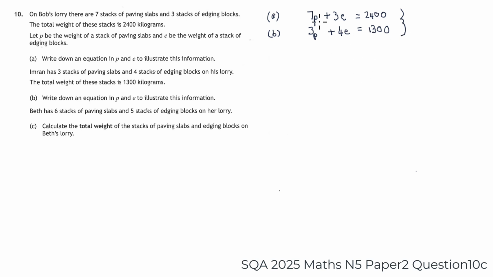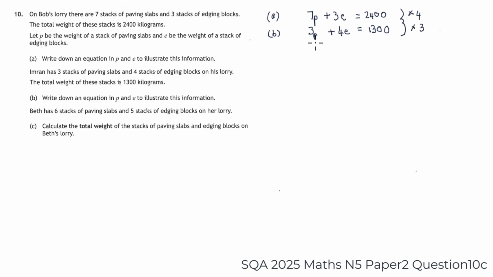And remember, the way we do this is either to get the letter E with the same number at the front or the letter P with the same number at the front. We'll tackle it by getting 12E by multiplying the first equation by 4 and the second equation by 3.